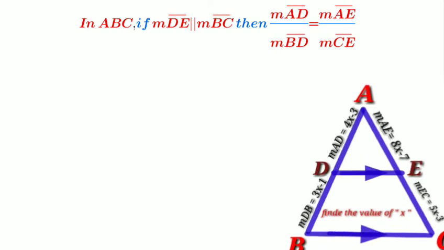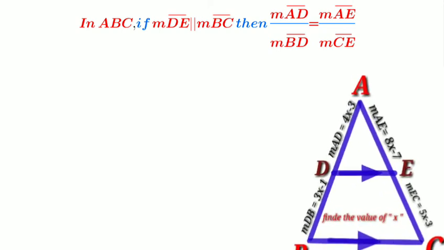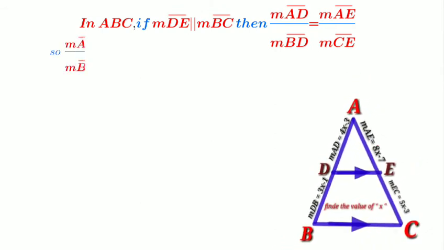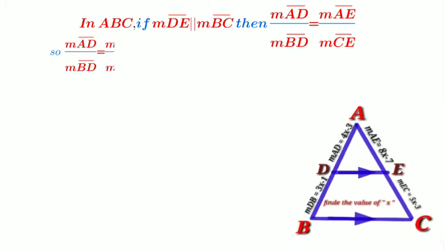In a triangle ABC, if side DE is parallel to the side BC, then side AD ratio side BD is equal to side AE ratio side CE.